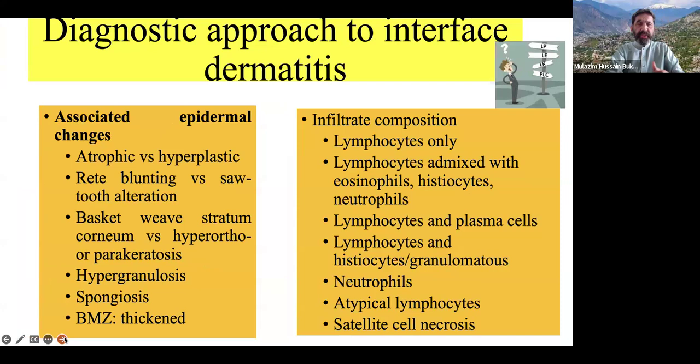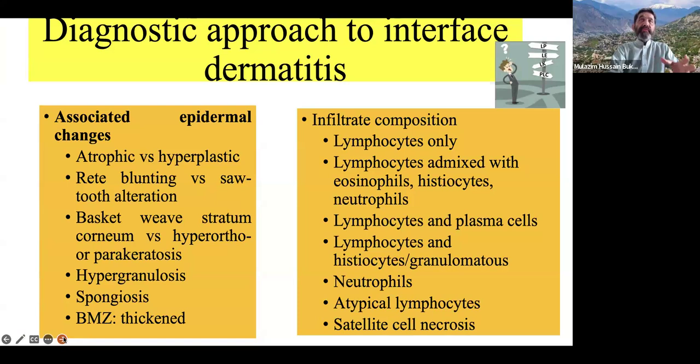Again, some associated changes: we can see atrophic versus hypertrophic, because atrophic sometimes you see in dermatomyositis, while hyperplastic you see in lichen planus. So rete ridge blunting or sawtooth is very important.